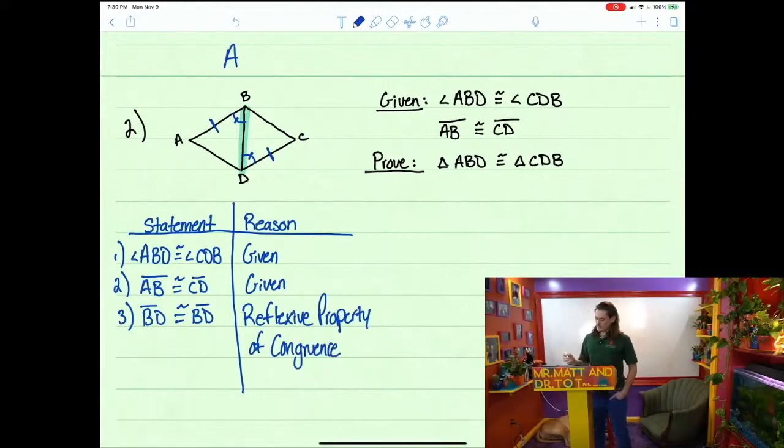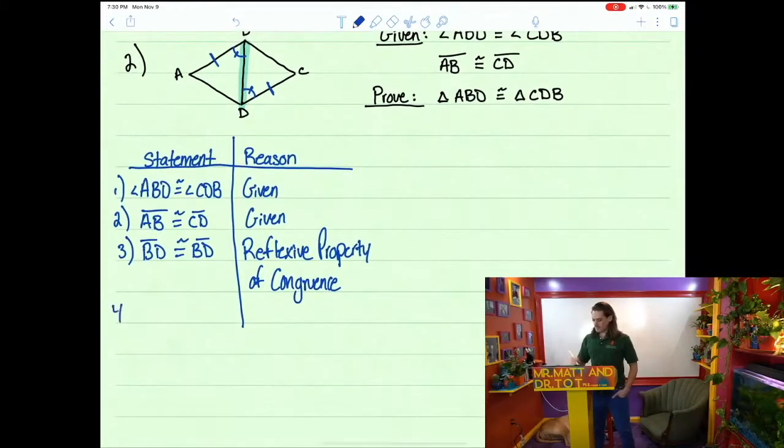So we have an angle, we have a side, and we have a side. The angle is an included angle. So we know now that triangle ABD is congruent to triangle CDB because of the side angle side congruency postulate.